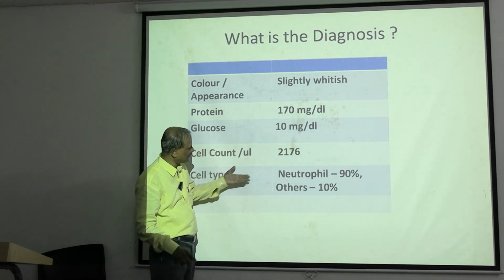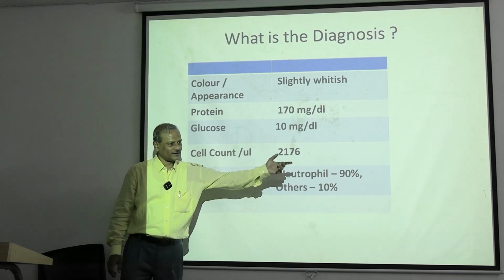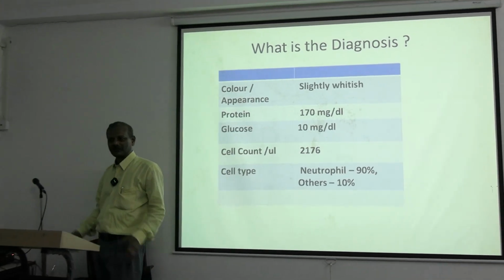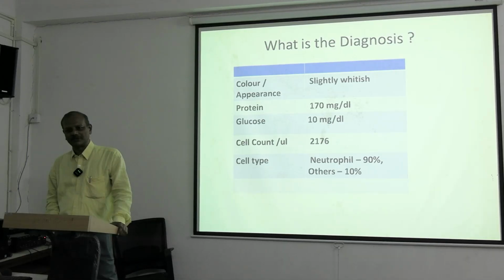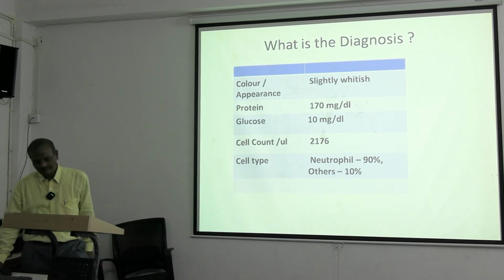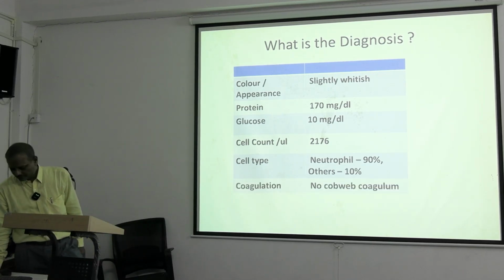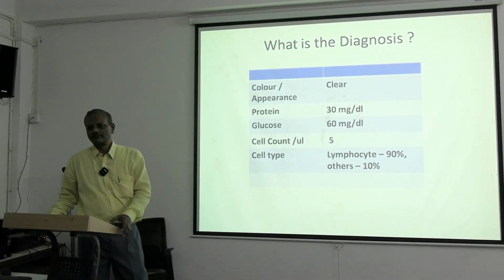Now look at this thing, cell count so high and the neutrophil count is again 90%. As I told you, in bacterial infection always neutrophils will be increased; in viral and tubercular, lymphocytes. Make it a rule. Now what is this? Viral.